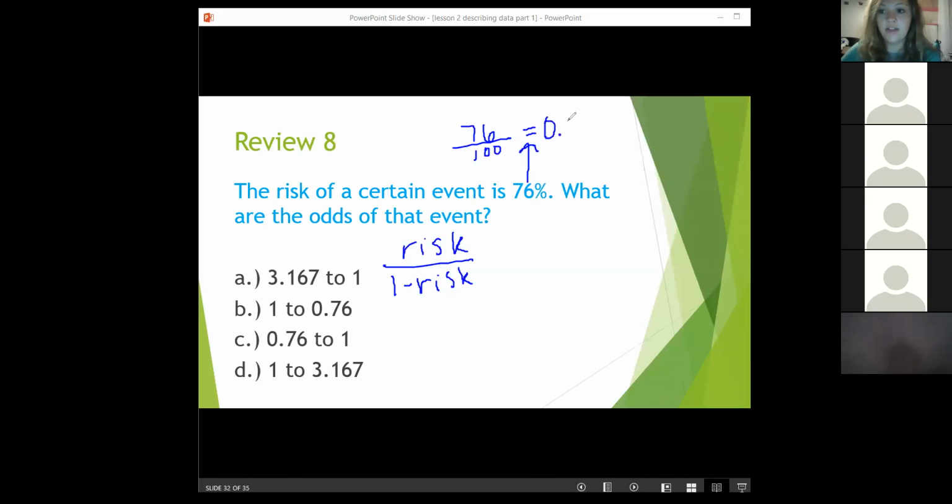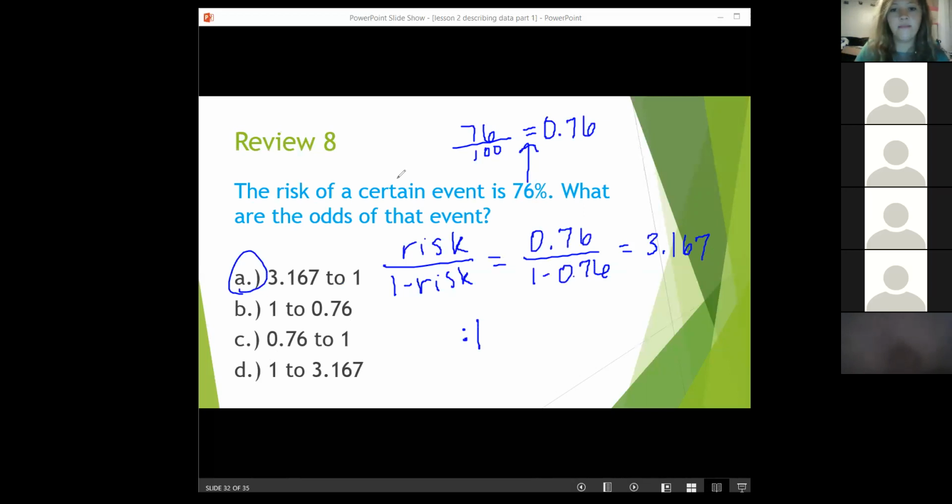So we're going to get 0.76. Translating this, we get 0.76 divided by 1 minus 0.76, and that's going to give us 3.167. And then remember, with odds, we just put that to 1. So our answer would be A. Good job.